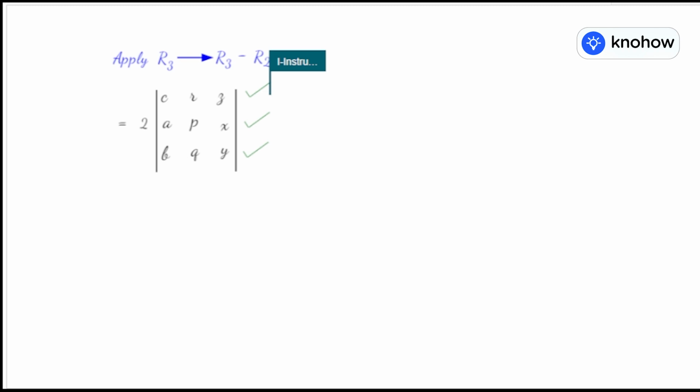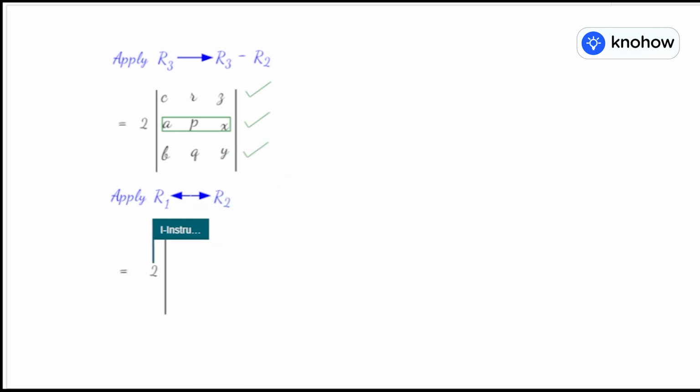And you need these 3 terms A, P, X in row 1. So first we apply R1 and R2 to be interchanged. What do you get? Take the elements A, P, X in row 1 and C, R, Z in row 2, keeping B, Q, Y in the third row. And because we have interchanged R1 and R2, it will be negative.